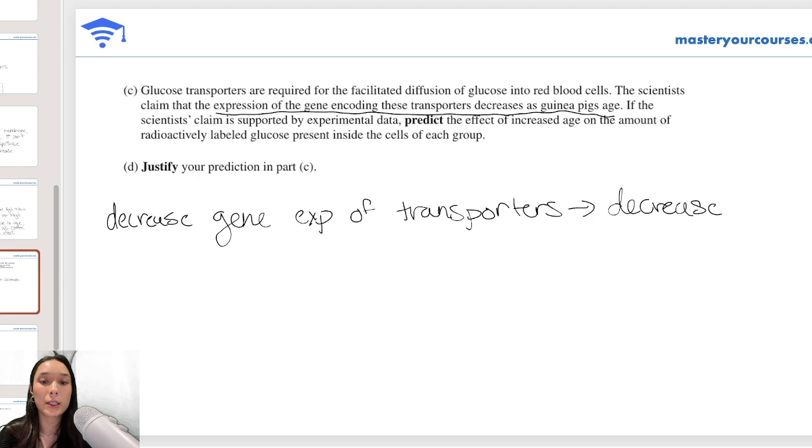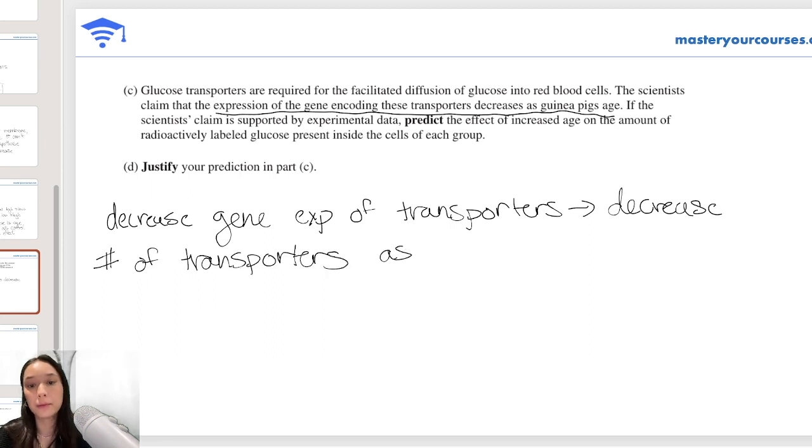So you're going to decrease protein level, or just decrease the number of transporters as they age. So as the guinea pigs get older, since they are decreasing in gene expression, they're also decreasing in the number of transporters. So a guinea pig that is 7 months old would have fewer transporters than one that is 7 days old, for example.